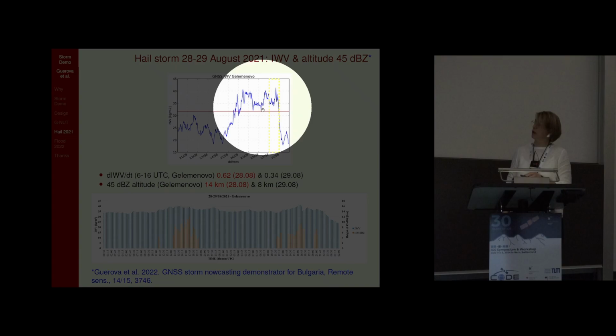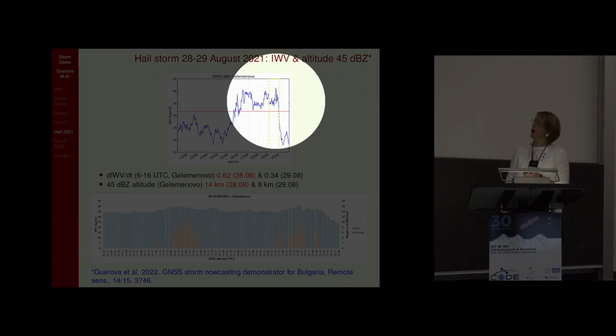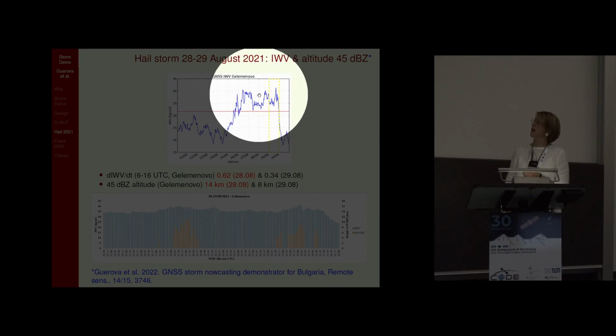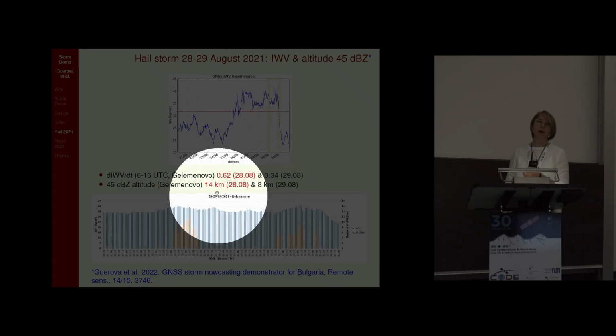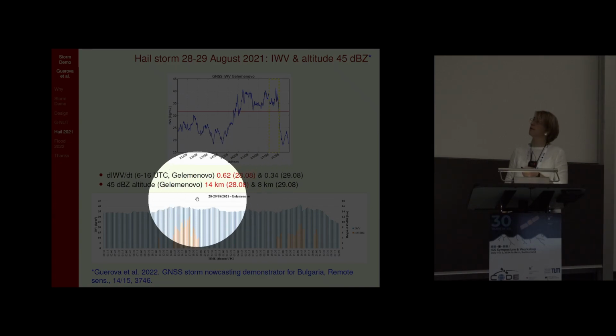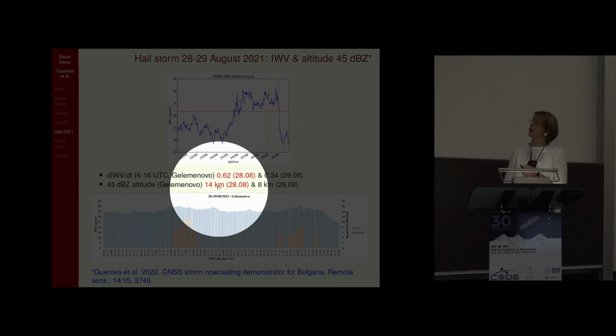So basically what you see here, we have a threshold which is in red color, so this one. And what you see after 26th of August, there were high values of integrated water vapor, but severe weather did not happen all the time. It just happened towards the end of this period, where we had the orange code for 29th of August.